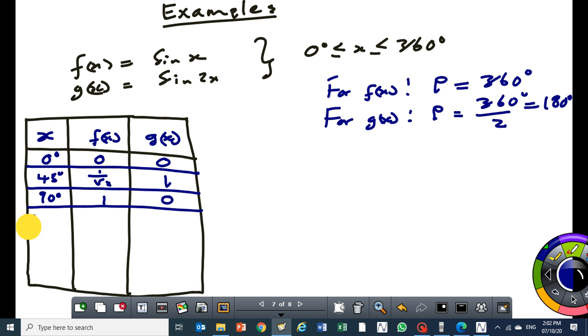Then, when x is 135, sine 135 is going to give you 1 over root 2. Then sine 270. This should give you minus 1. What's sine 270? Yeah, so it's -1.